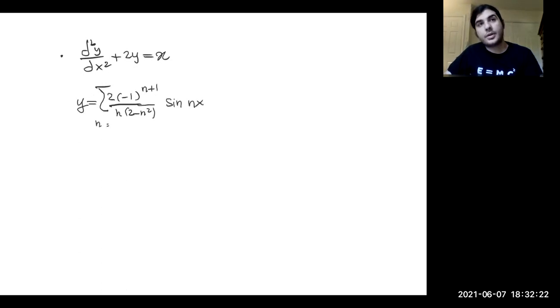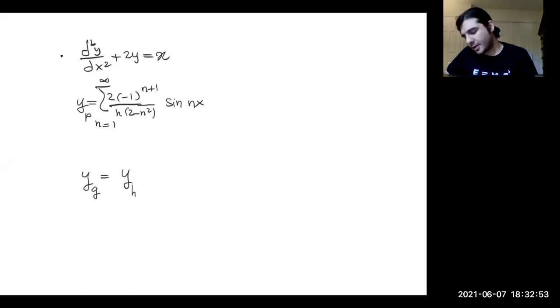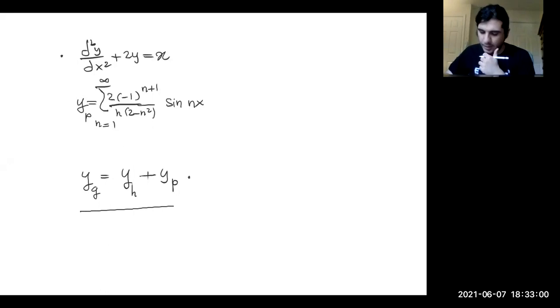Okay, that's one way of answering this problem. So this is a particular solution. So the general solution would be the homogeneous one we found plus the particular one. Okay, great.